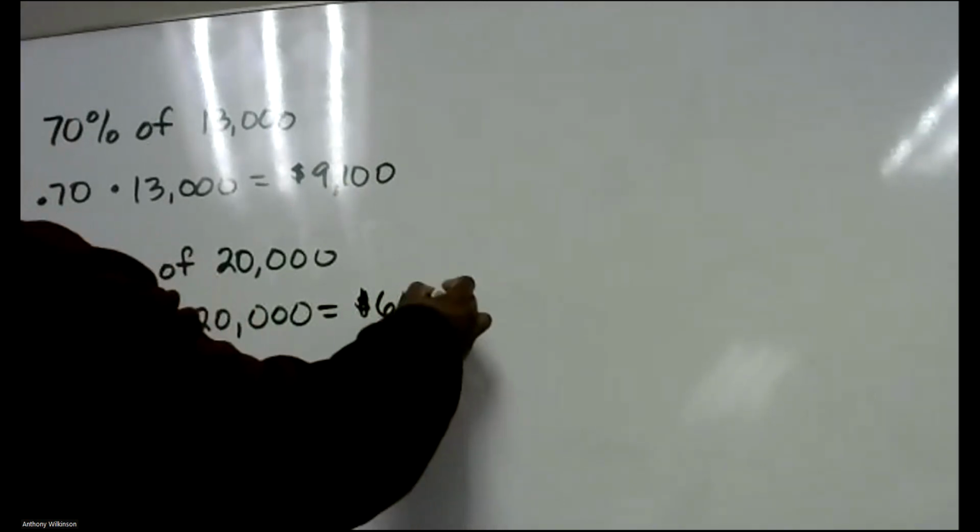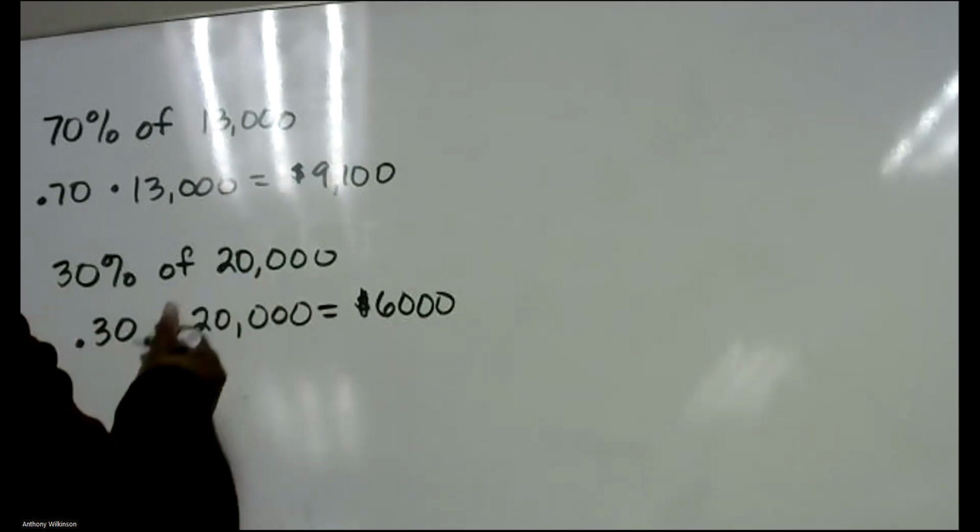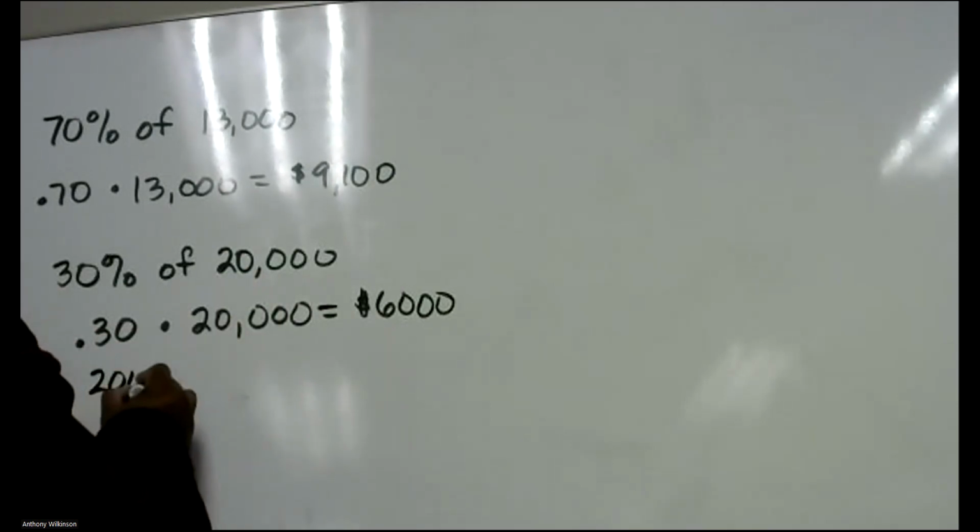Now that only represents the trade-in value of that vehicle. We want to know how much it depreciated by. So we need to subtract 6,000 from 20,000.